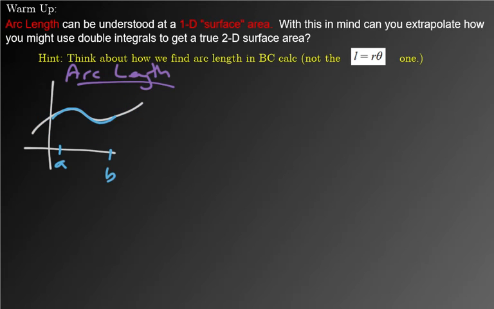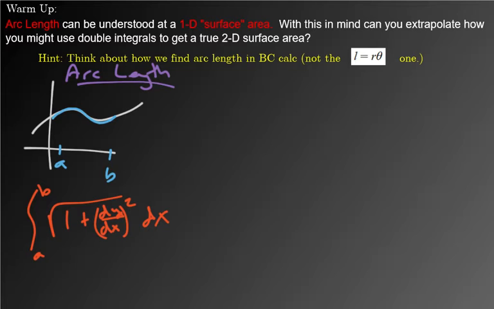If we think about how we found that before, we did that with the integral of the square root of 1 plus dy/dx squared, dx, from A to B. That's how we did arc length.